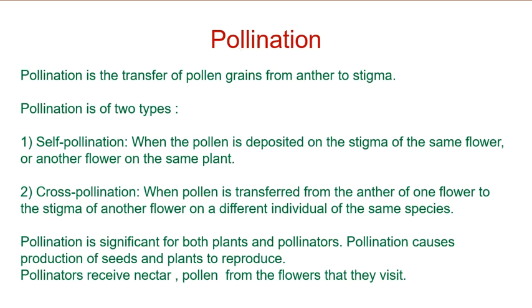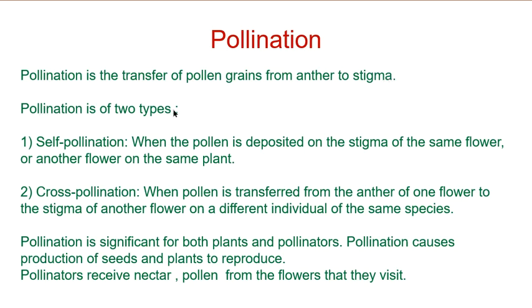Now we have already discussed what pollination is. When the anther produces pollen grains, those pollen grains come to the stigma, that is called pollination. Pollination is the transfer of pollen grains from anther to stigma, right?